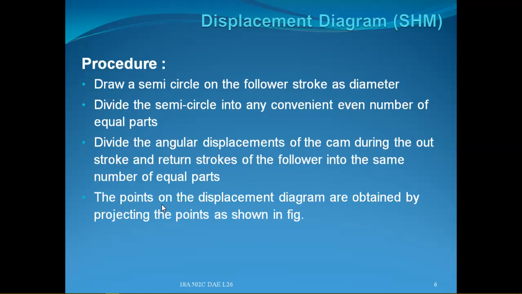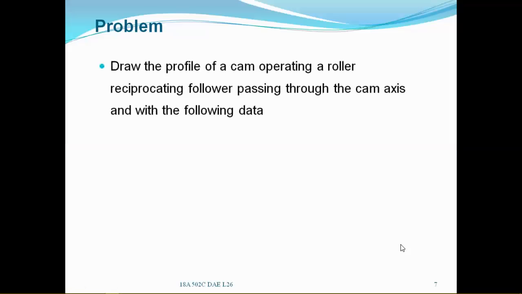The points on the displacement diagram are obtained by projecting the points as shown in the figure. As I explained, the complete displacement curve is given by A, B1, C1, D, E. So this is the displacement diagram, and then let us see one problem in this aspect.